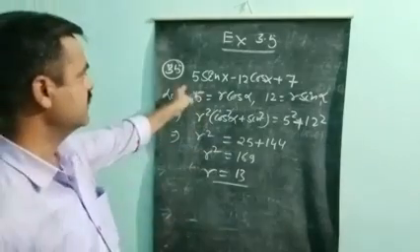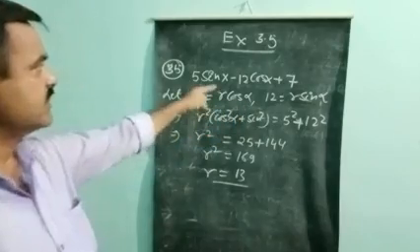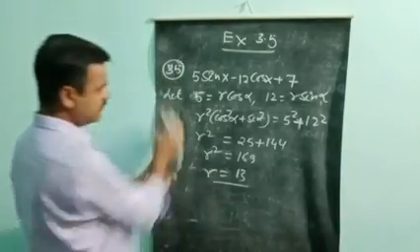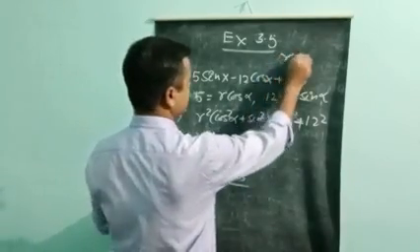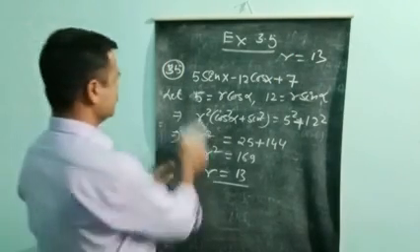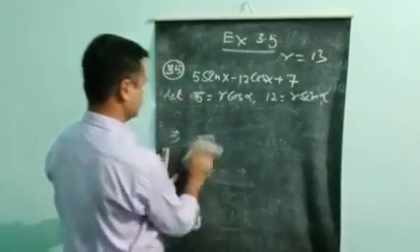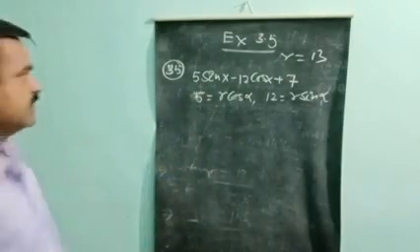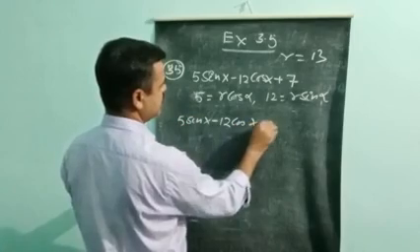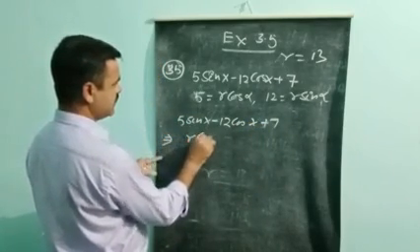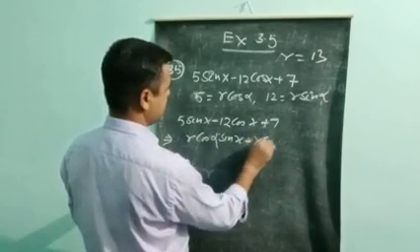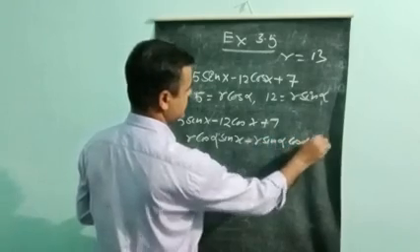In this expression we will put r cos alpha and r sin alpha in place of 5 and 12, and you have seen here that r equal 13 we have found. So if you put r here, then 5 sin x minus 12 cos x plus 7 will become r cos alpha sin x minus r sin alpha cos x plus 7.